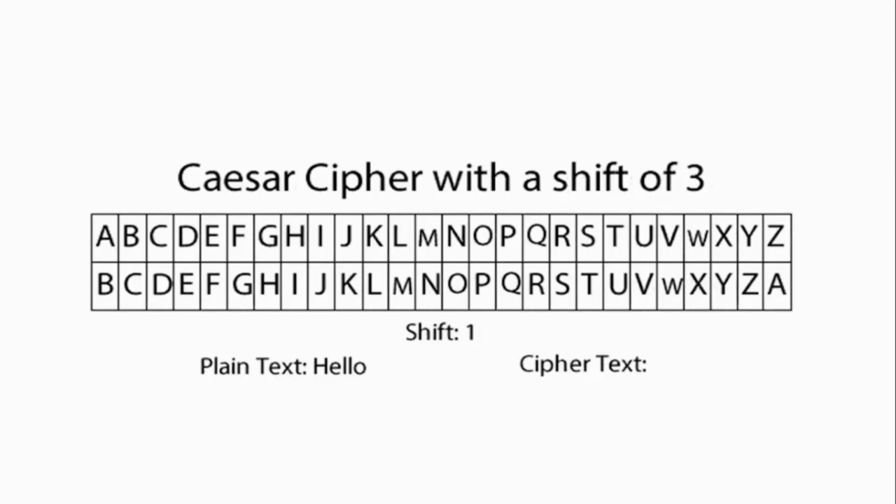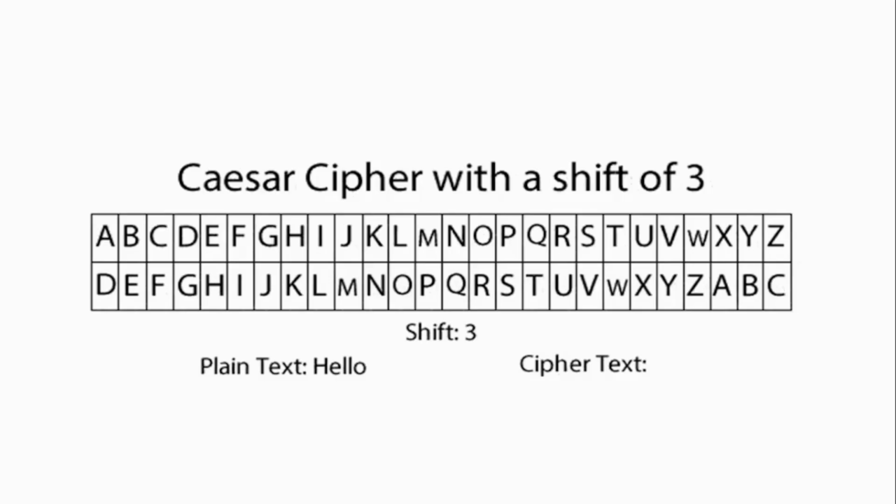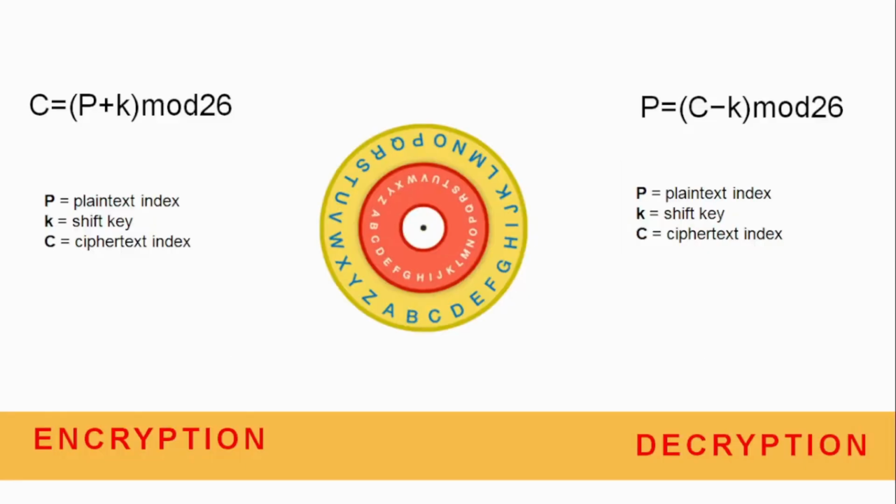For example, if the shift value is 3, then A is treated as D, B is treated as E, and C is treated as F. So if we have the plain text HELLO, then the cipher text is KHOOR as per the shift value 3. This is very simple and yet historically very important.